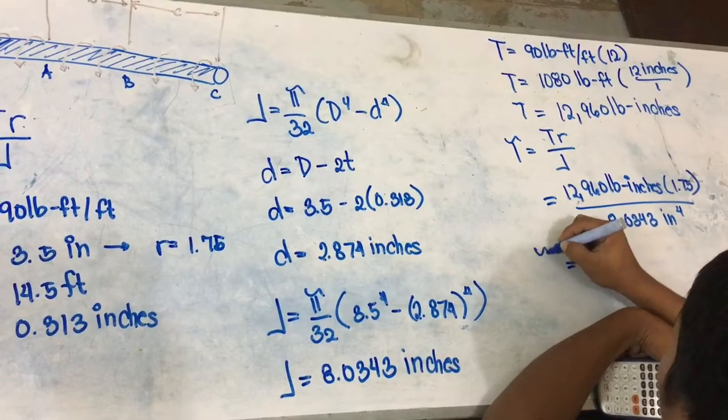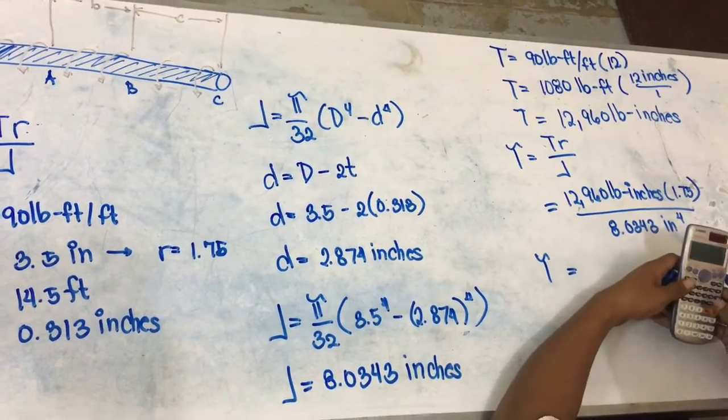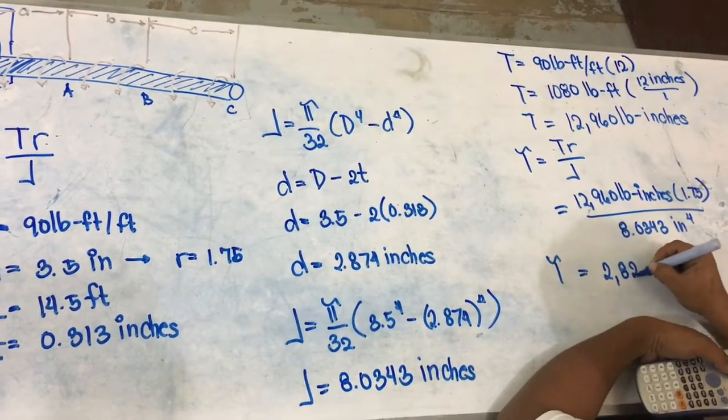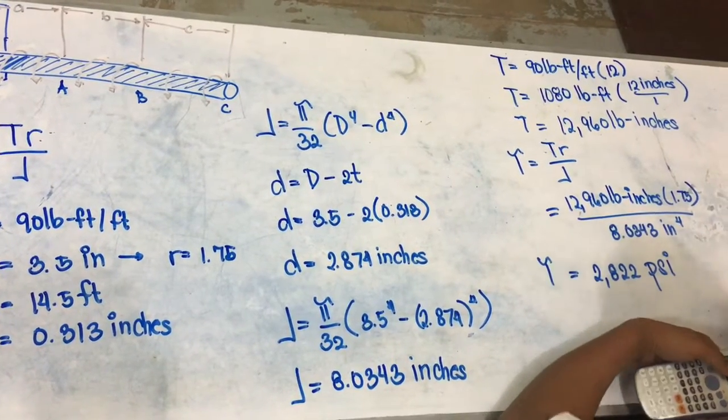So our shear stress at A is equal to 2,822 pounds per square inch.